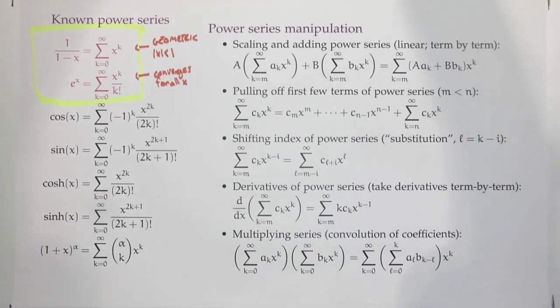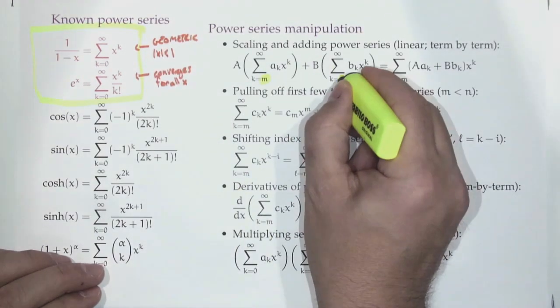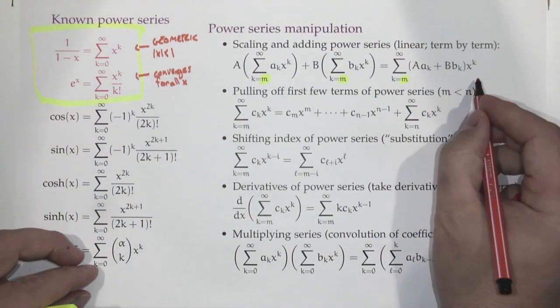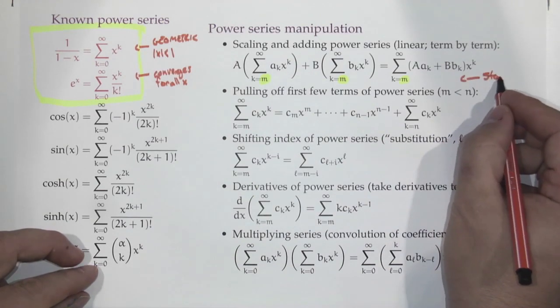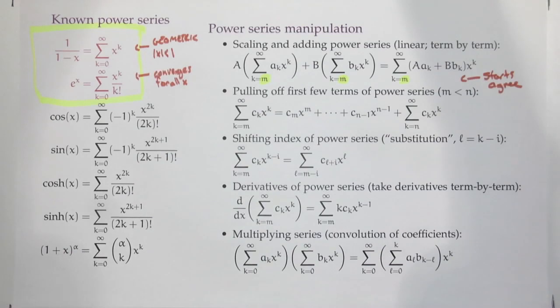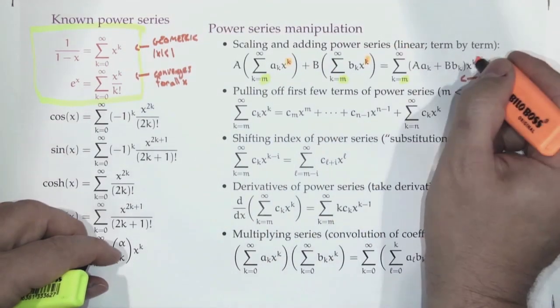Now, there's some subtleties here. I want to point out some subtleties. The first subtlety is you have to make sure that the starts agree. If the starts don't agree, hopeless. All right, well, you might say, what happens if we don't have that? We'll get to that. Now, the other thing that you want to make sure of is that these exponents all agree.